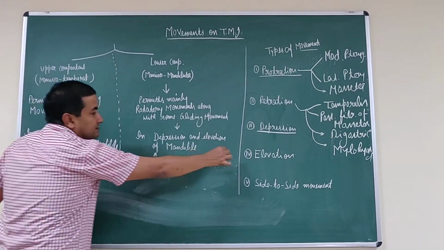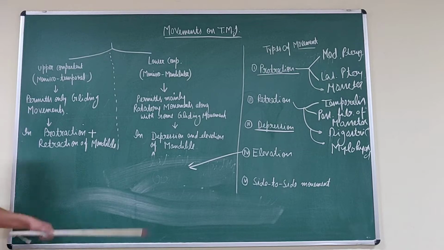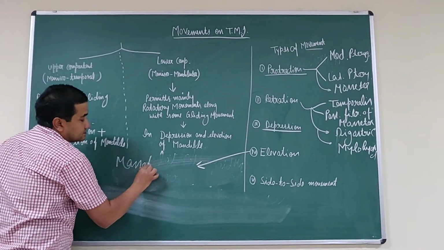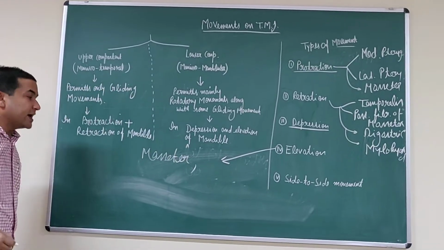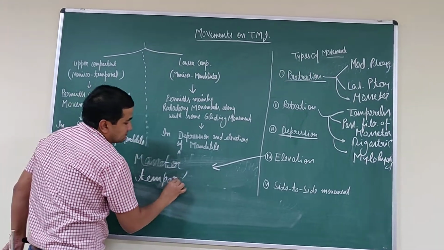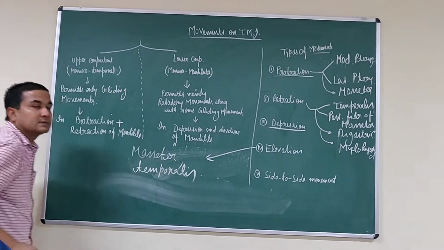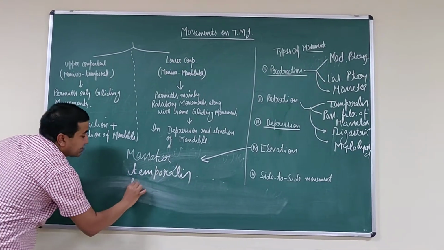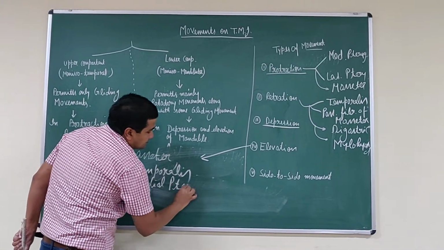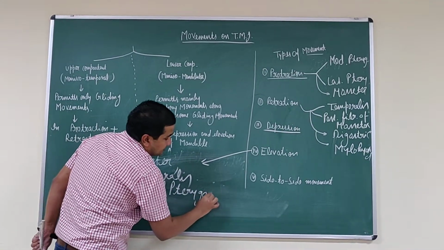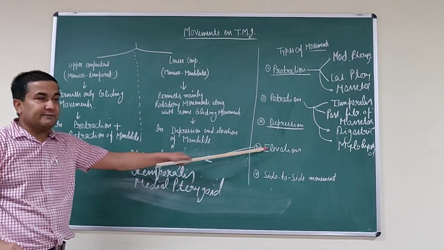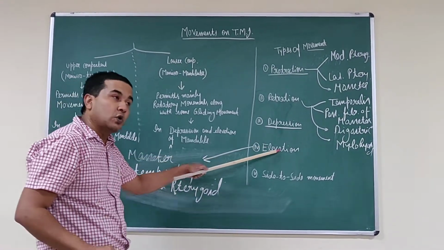The muscles that assist in the elevation of the mandible are the masseter, then the temporalis, and the medial pterygoid muscle. These three muscles of mastication help in the elevation of the mandible, that is to close the mouth.